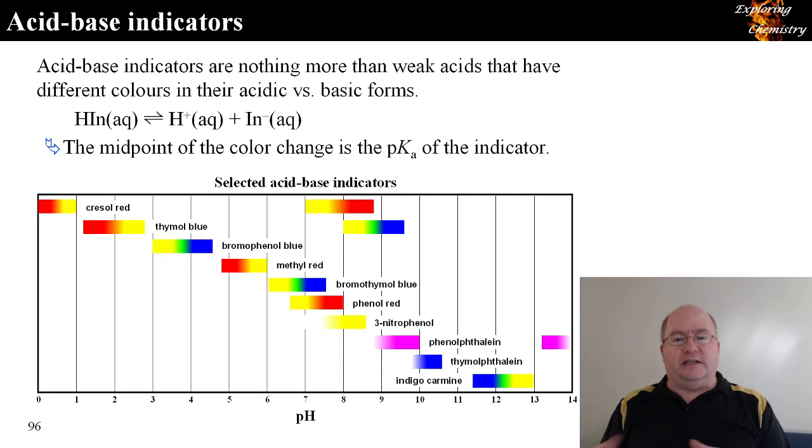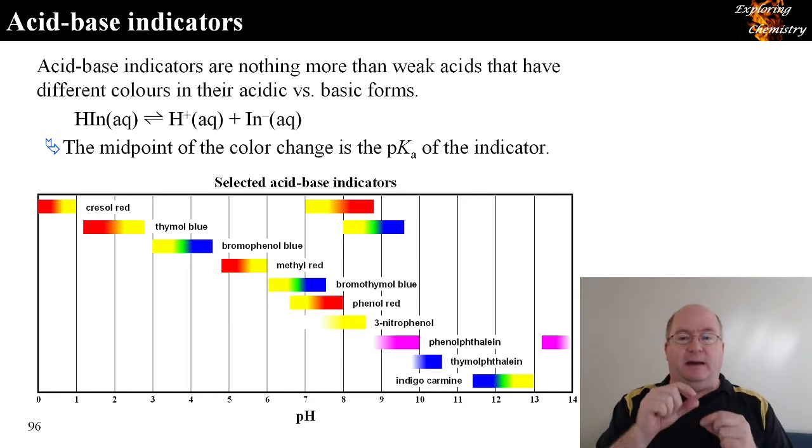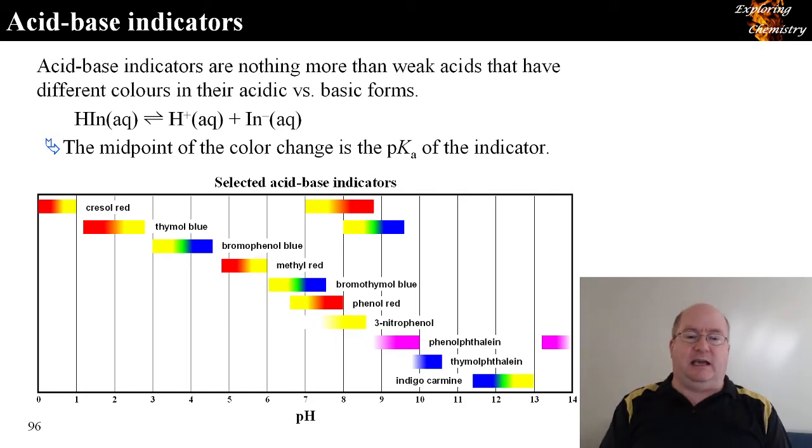And so the acidic form is in equilibrium with the basic form In minus, and one or both of those are colored. The midpoint of that color change, where you have an equal amount of base to acid, is the pKa of the indicator. So here's just a selected range of indicators, and the pH is where they change color, and of course their color changes.